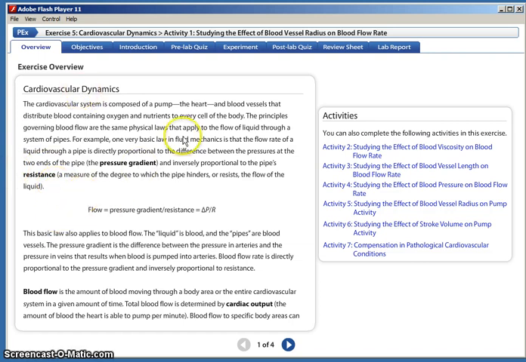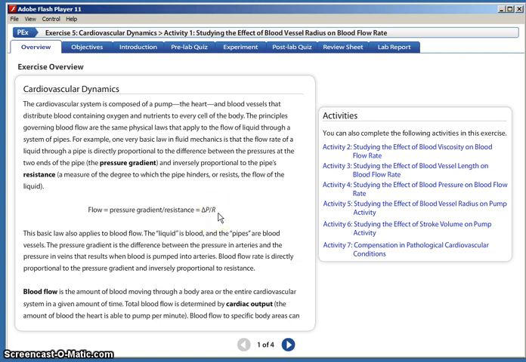Now, this first one is looking at the effect of resistance on blood flow, and resistance specifically as defined by the blood vessel radius. In the chapter on cardiovascular, we learned that resistance is influenced by three basic things: the viscosity of blood, the length of the blood vessel, and the diameter or radius of the vessel itself. And resistance is basically friction. It's the drag.